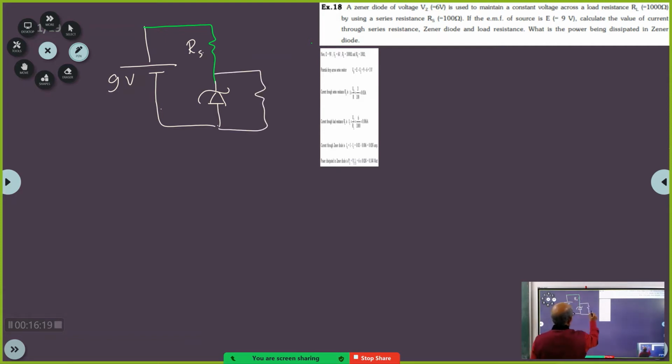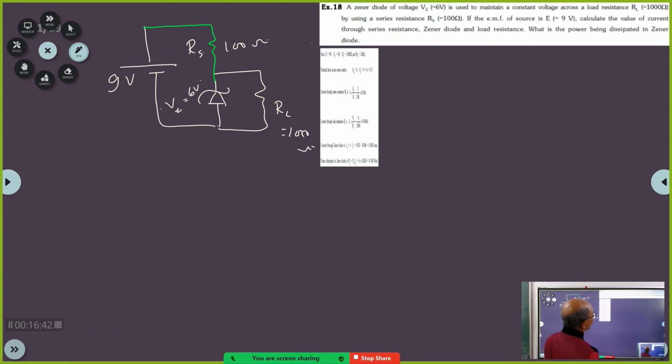Here RL is fixed, and RL is equal to 1000 ohms. And here VZ is 6 volts. RL is 1000, RS is 100 ohms.